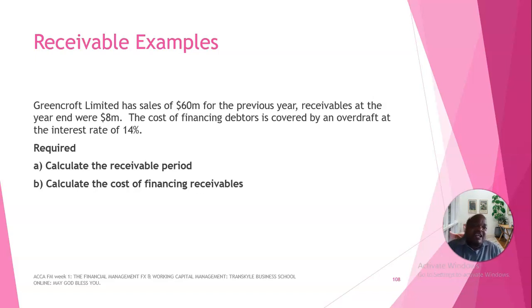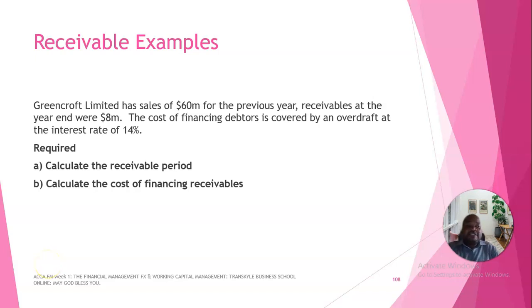The cost of financing debtors is covered by an overdraft at an interest rate of 14% required. Calculate the receivables period. Let us compute the receivables period. Then we need to calculate the cost of financing the receivables.